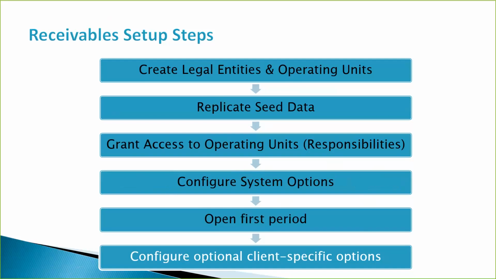We also have some customer options, and we have print options and AutoInvoice options. So there are a couple of things that we can talk about under system options, and we are going to look at what each of these options helps us to do.